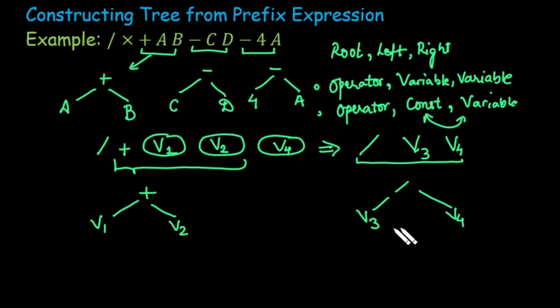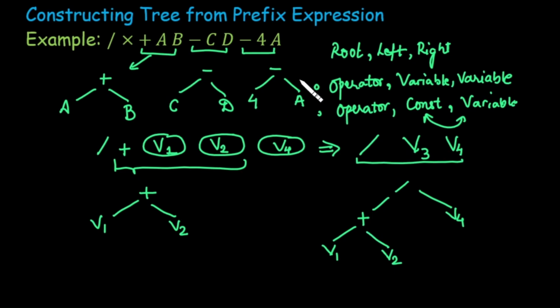Now just plug in the values of V3, V4 here. For V3 is this, because in place of this one we have mentioned V3. So we can write here a plus, left is V1, right is V2.